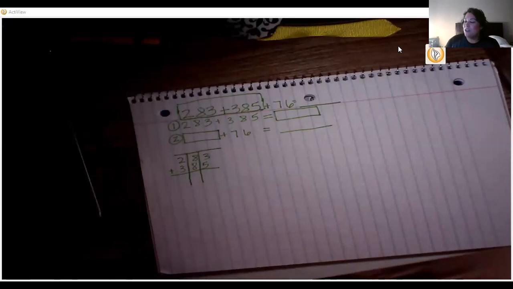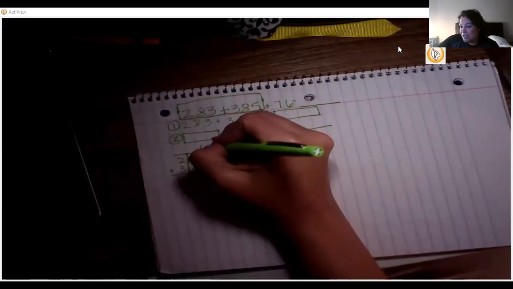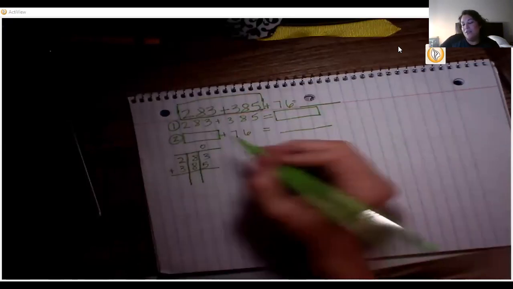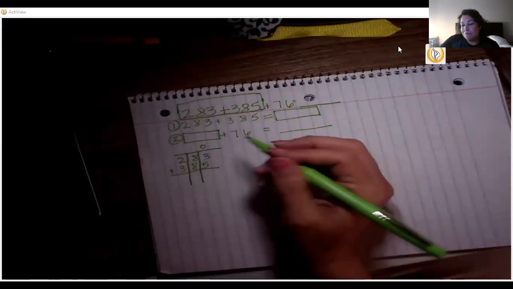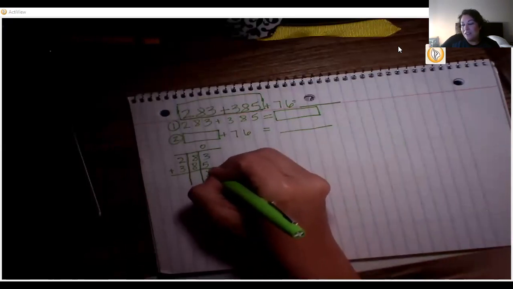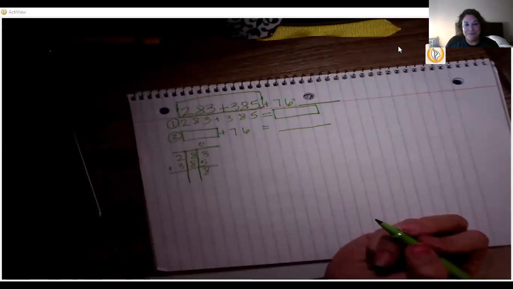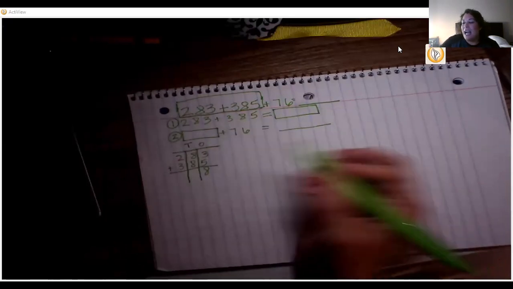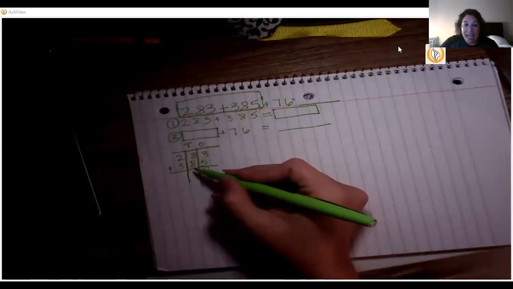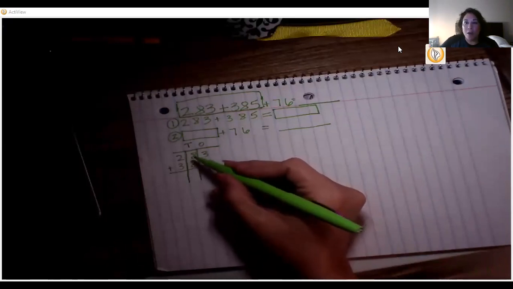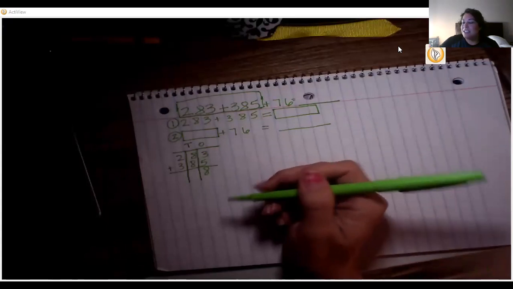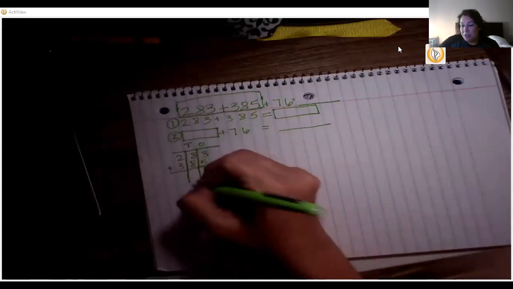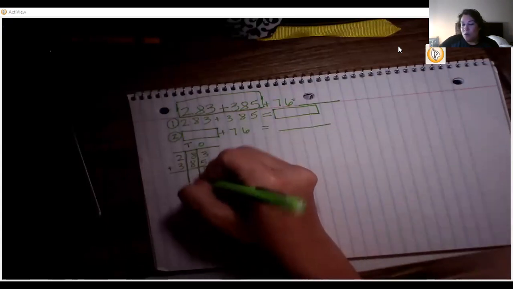So I'm going to start in the ones place. 3 plus 5, think about it. 3 plus 5 gives me 8. In my tens place, I have 8 plus 8. Oh, that's a double. 8 plus 8 is 16. But 16 does not fit in just one place.